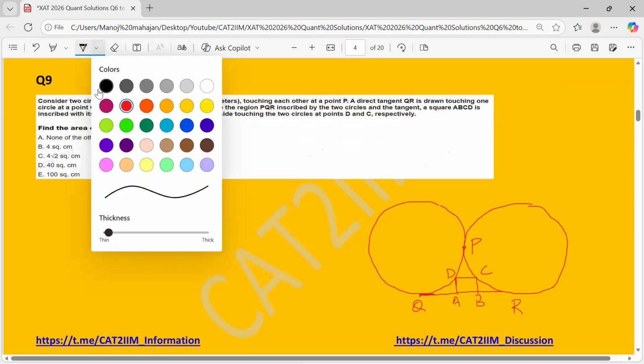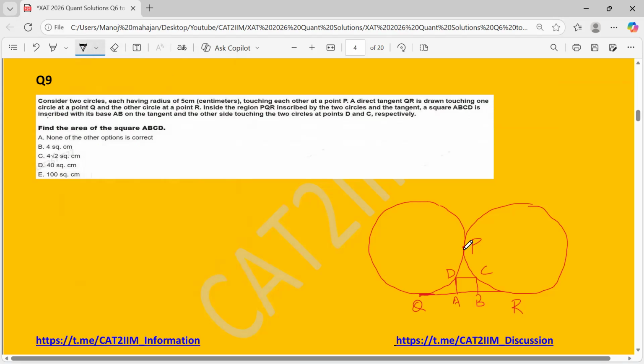Let's say if I drop a perpendicular out here. No, this is center. Let's say this is already 90. This is what, 5. This will also be what, 90.